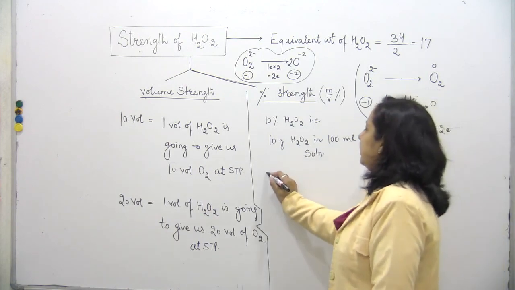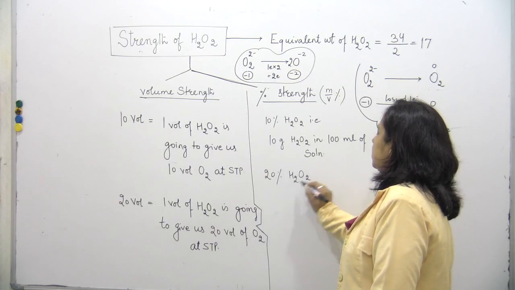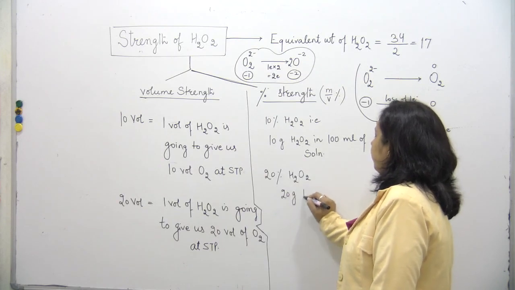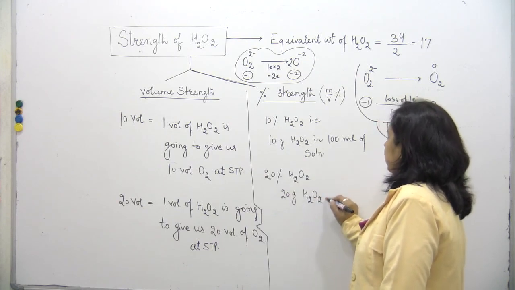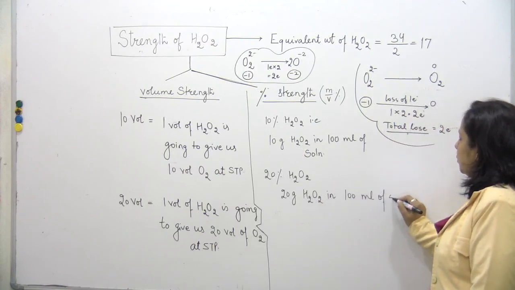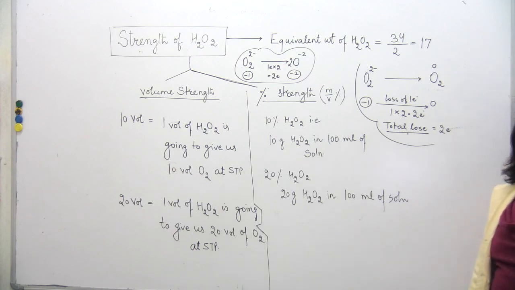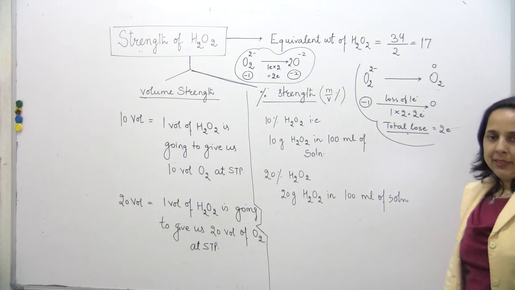Another, we can write 20% hydrogen peroxide. It means 20 grams of H2O2 in 100 ml of solution. That is about your percentage strength and volume strength, how the concept is going to be.